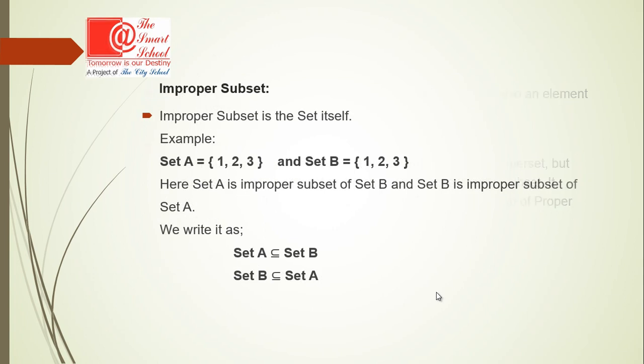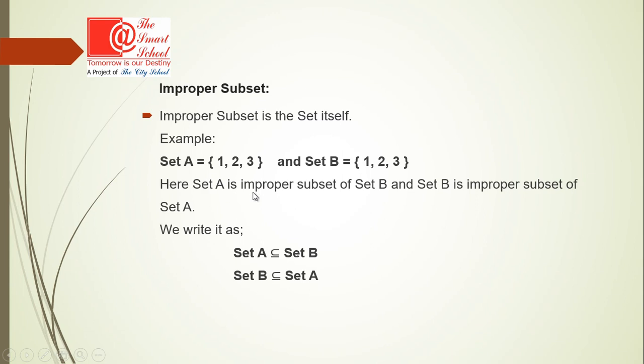Now improper subset. Improper subset is the set itself, or you can say an equal set of a set is its improper subset. For example, set A is equal to {1, 2, 3}, and set B is equal to {1, 2, 3}.